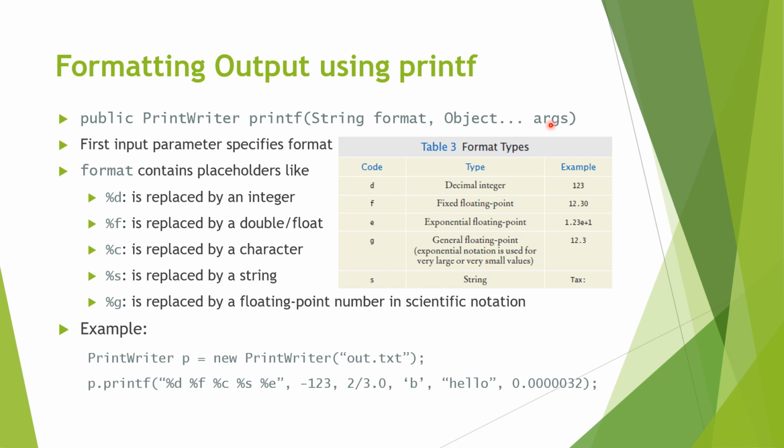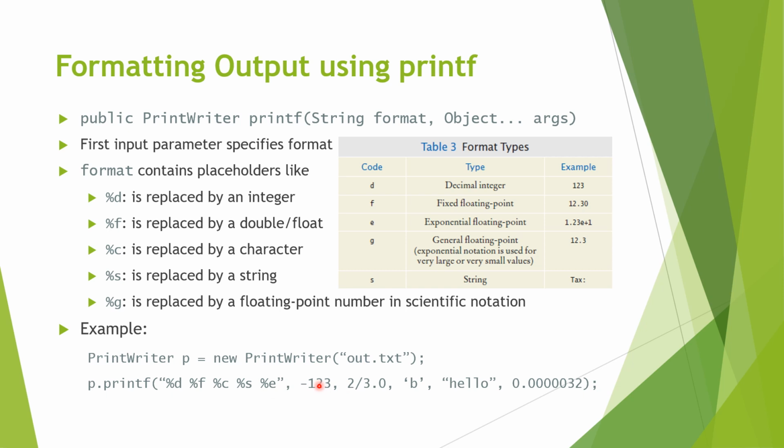I'm going to show you an example. Let's say you're calling printf on an object of PrintWriter that is constructed this way to write into a file called out.txt, and the first parameter is %d space %f space %c space %s space %e, and because there are 5 placeholders here, I need to pass 5 extra parameters to the printf.